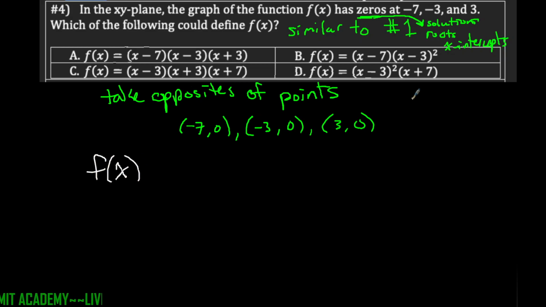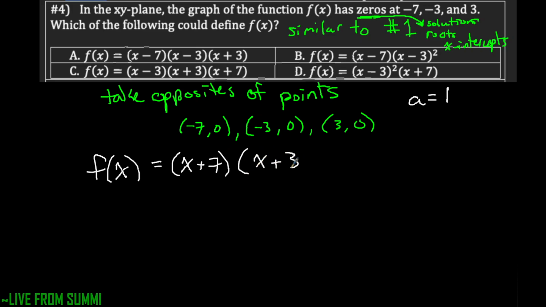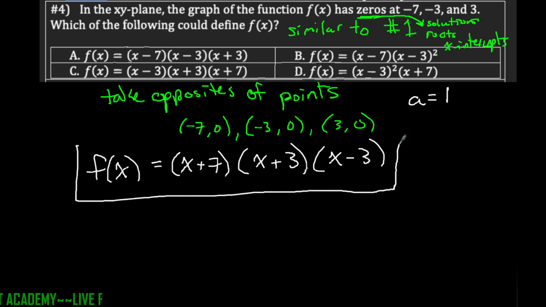For this case, a is going to be equal to 1, since that's the case for each of those equations. And we're going to take the opposites of these points. So I'm going to say x plus 7, x plus 3, and x minus 3. So again, make sure you're careful, have the opposites of each of those roots, each of those x-intercepts.